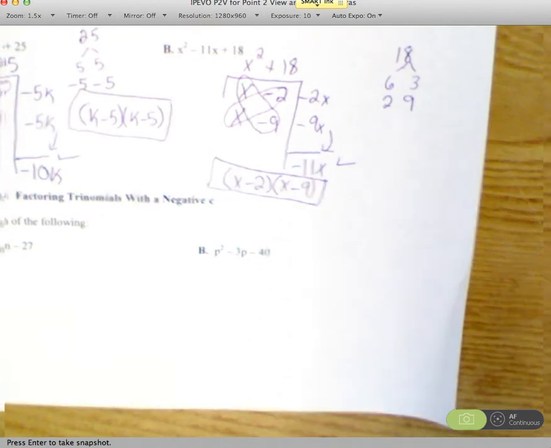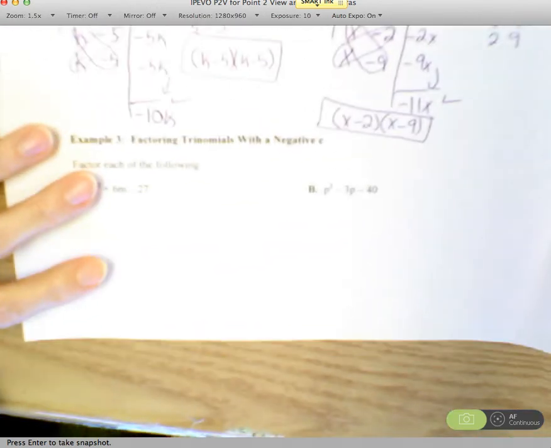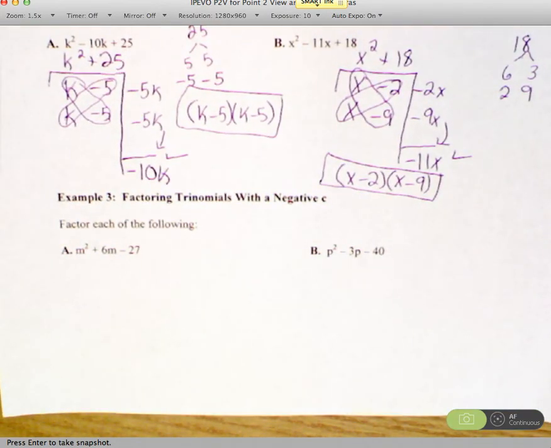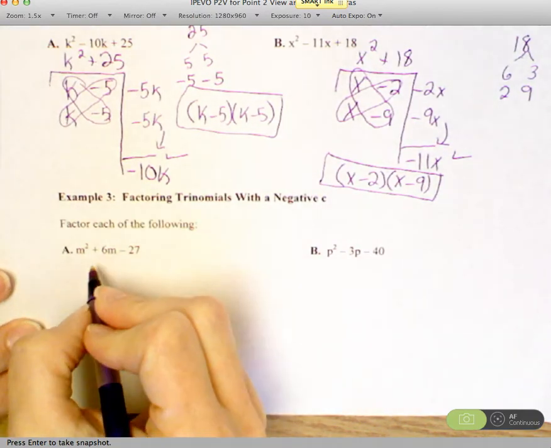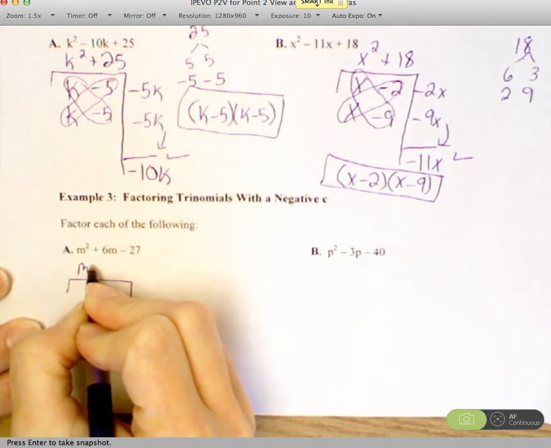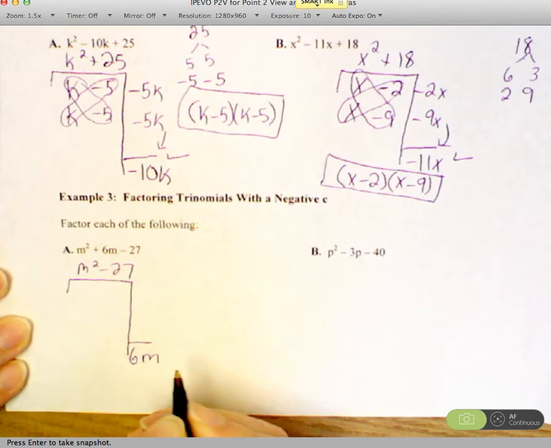Okay, let's look at these last problems now. All right, so this time the last term might be negative. So this is going to be kind of a mixture. Let's draw our hangman. We have m squared minus 27, and then we have positive 6m down here.